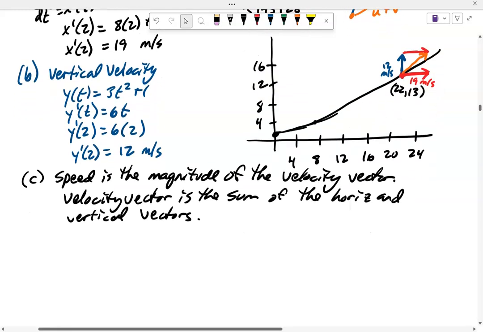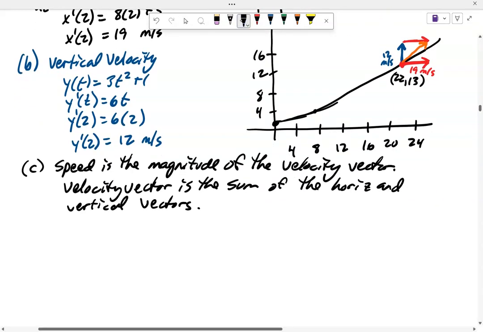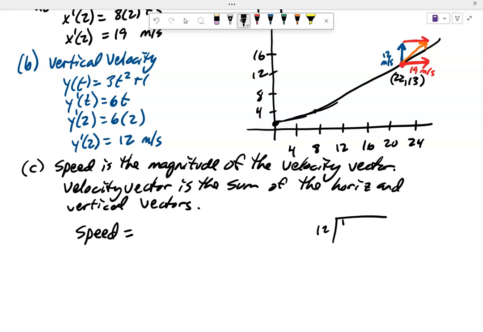Okay, and so this speed is just the magnitude of that. So the speed, what's the length of that? Well, a squared plus b squared equals c squared, right? And so we got the square root of 144 plus t squared. You punch that in and you get 505. And by the way, this is the speed when t equals 2.